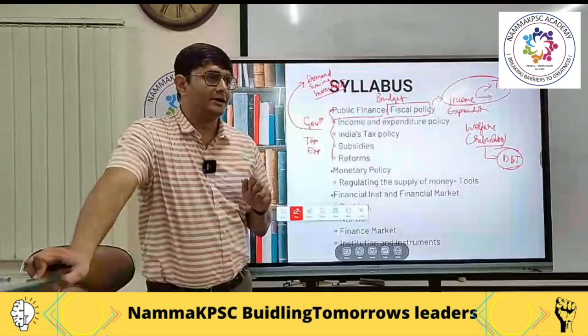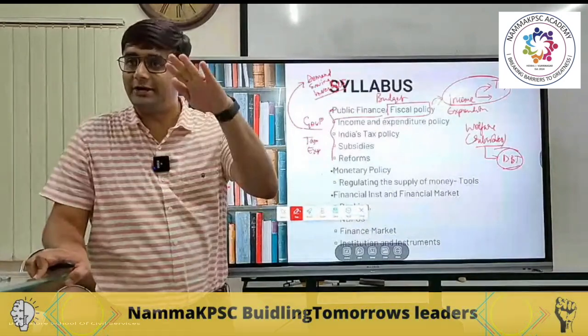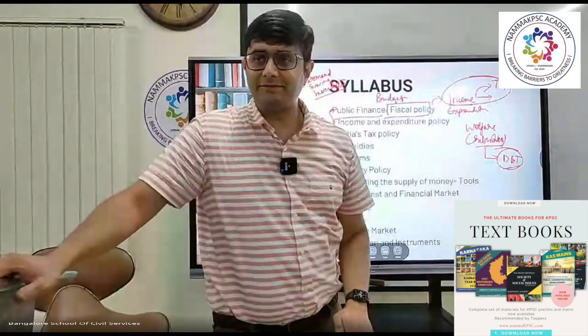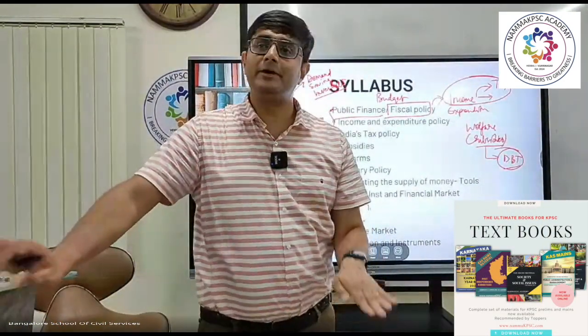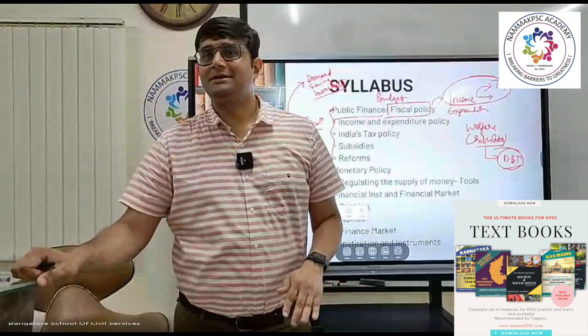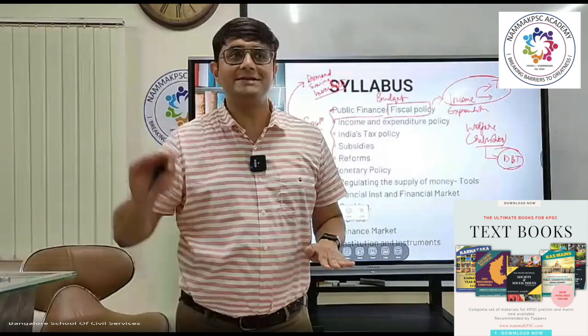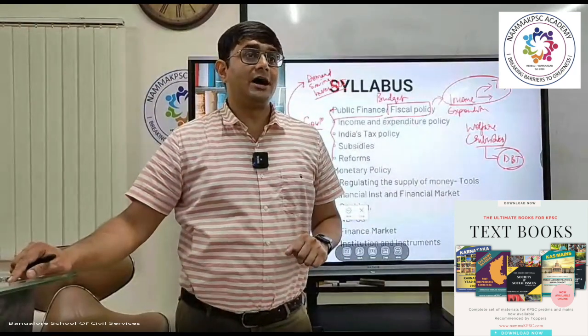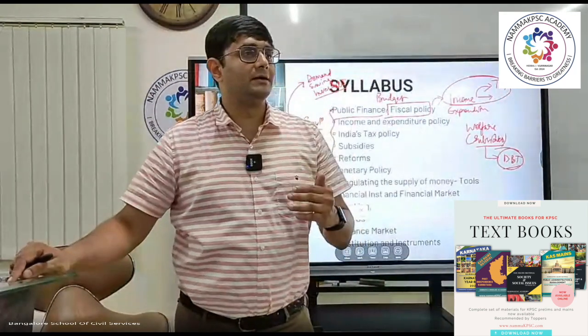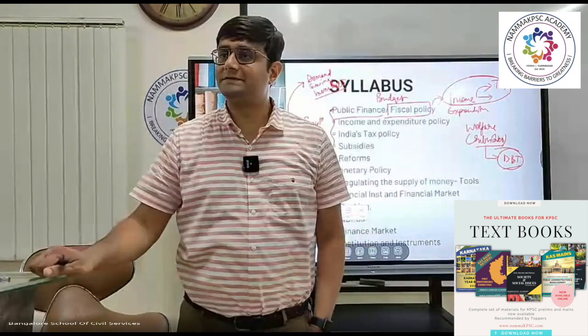Demand will reduce. If the government wants to reduce the usage of something, what will the government do? Increase the taxes. Government does not want us to drink alcohol, so what will the government do? Increase the taxes. Government wants you to consume something, it will reduce tax, like medicines.